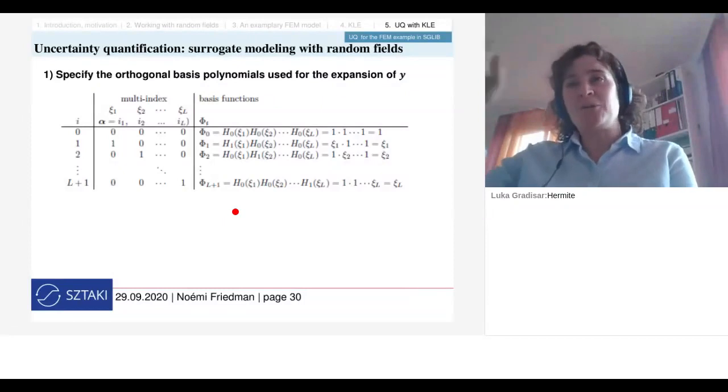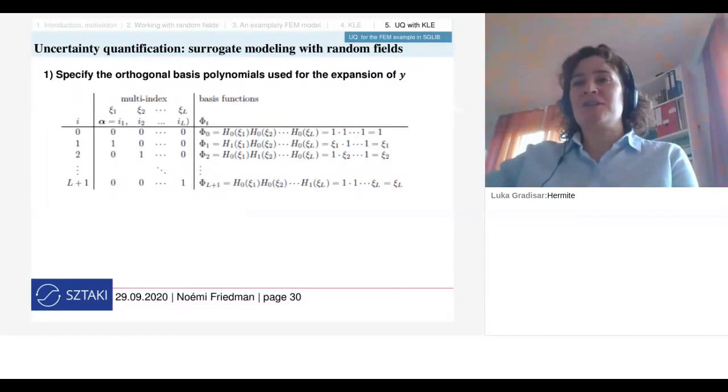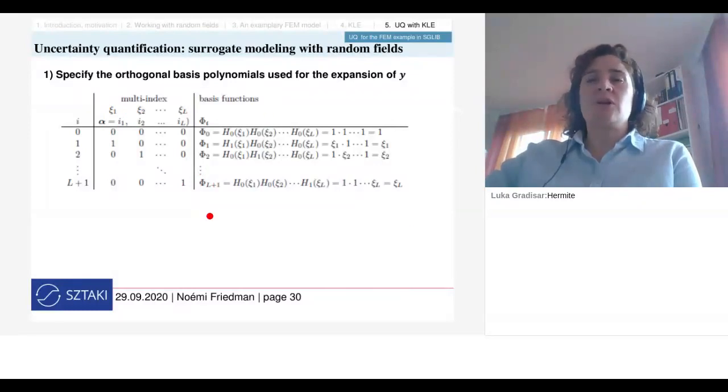It's the Hermite polynomials, because the Hermite polynomials are orthogonal with respect to the weighting function, which is the probability density of the Gaussian. So I use the Gaussian random variables, and because I have L dimensions, now I need to have a multivariate Gaussian, Hermite polynomials.